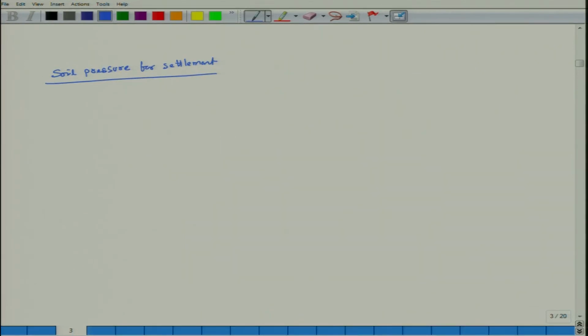Let us take soil pressure for settlement. As per the BS code, elastic, it is based on your SPT N value, which is equal to 0.722 P by (N minus 3) into (2B by (B plus 0.3)) whole square.